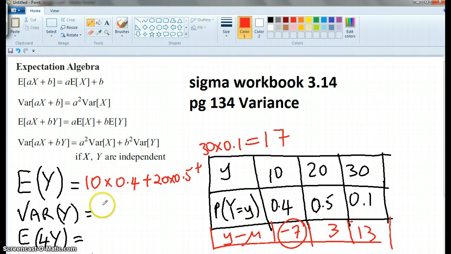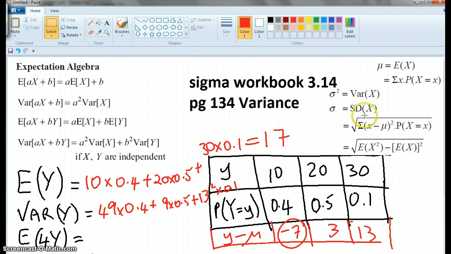So we need to square that. So we're going to have -7 squared is 49, times by the probability of that happening, plus 3 squared is 9, times by the probability of that happening, and plus 13 squared times 0.1. Now let's just check that formula.